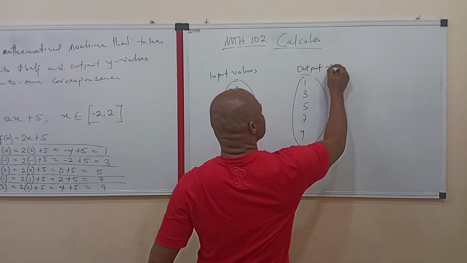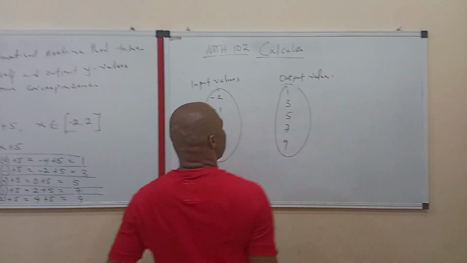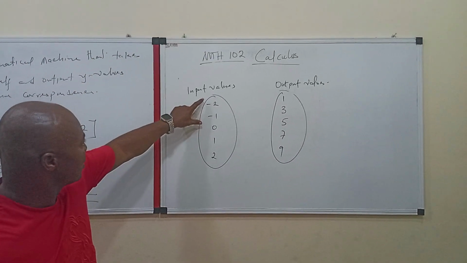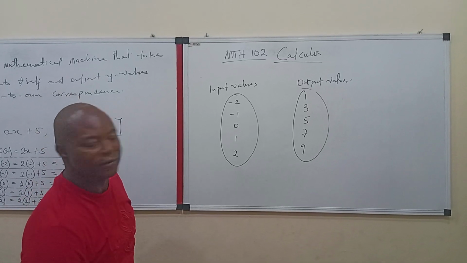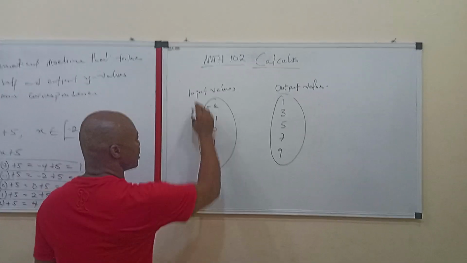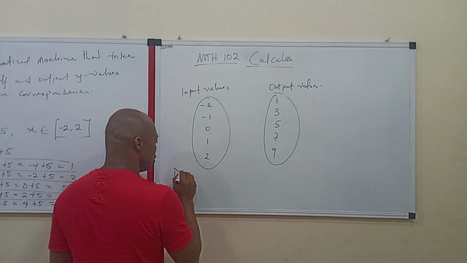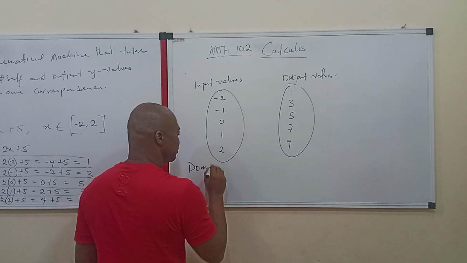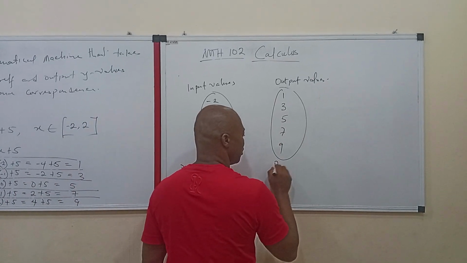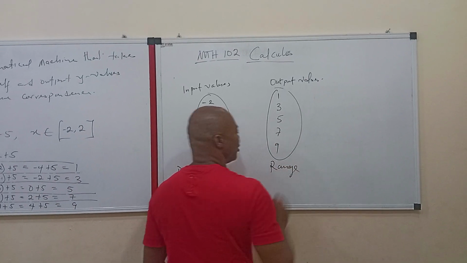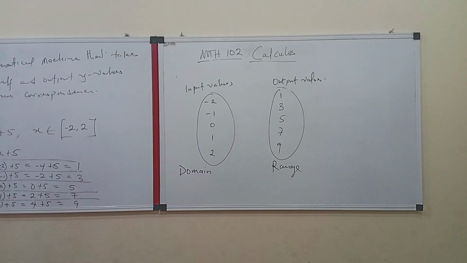Now, these input values are called the domain of the function, whereas the output values are called the range of the function.